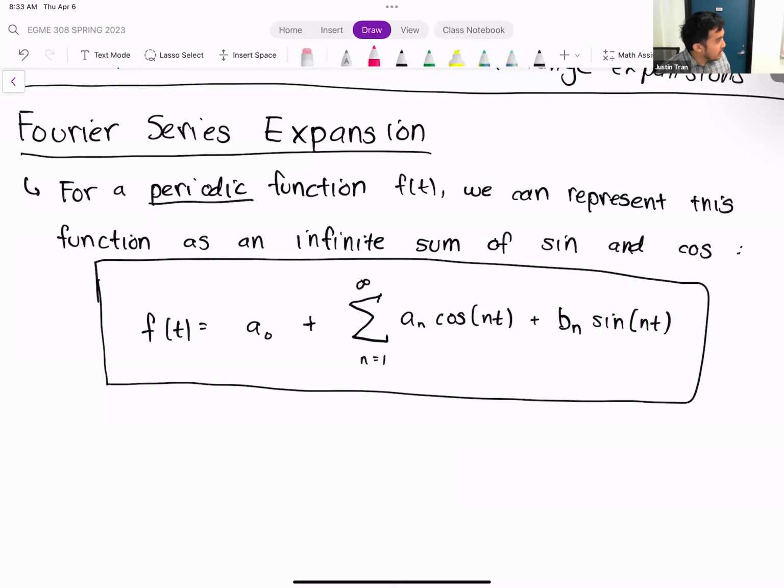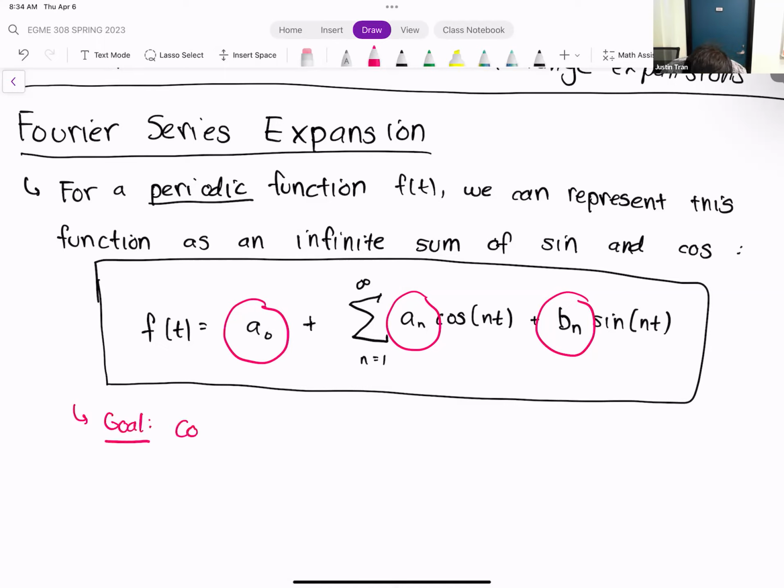And so when someone says to compute the Fourier series expansion, what you're actually computing are these right here. Okay. And so that was the example that we did at the end of class on Tuesday.